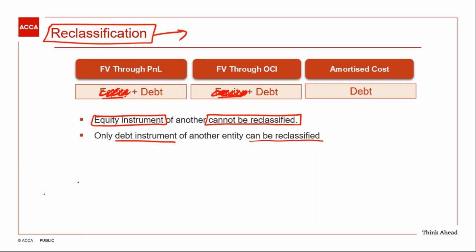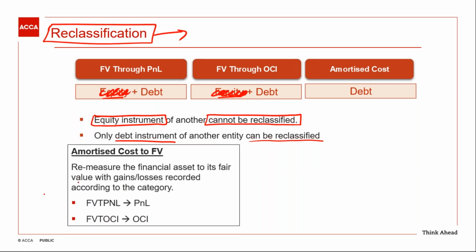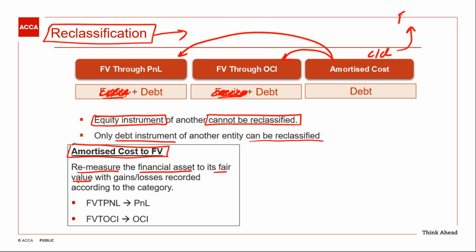Now the next thing is that if we are going from amortized cost to fair value, which means either fair value through OCI or fair value through P&L, we are going to remeasure the financial asset to its fair value, which means whatever the carried down was, we are going to remeasure this to the fair value, and obviously this will result in a gain or a loss, with gains and losses recorded according to the new category.